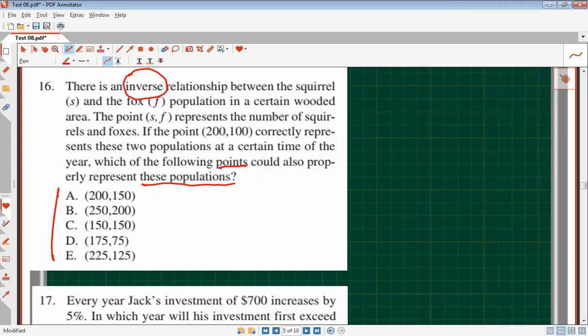The given point is 200, 100. We will compare the S coordinate and the F coordinate for each option here, and we will figure out which one is the final result.